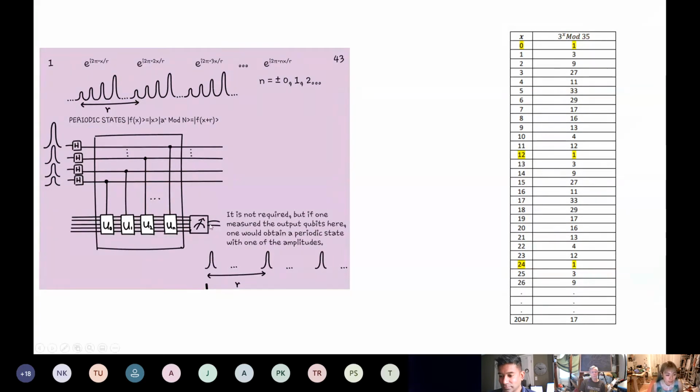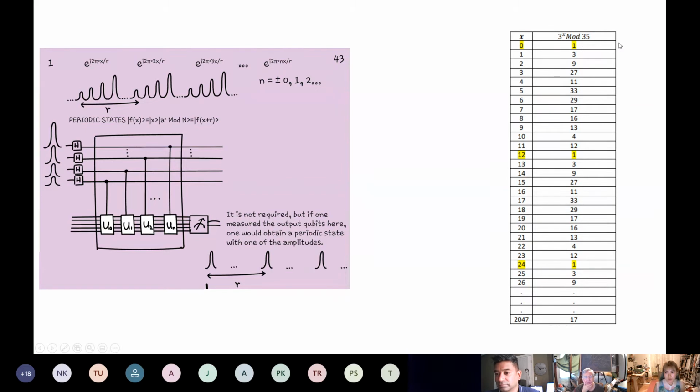If you then measure these output qubits, you don't have to do this, but if you do, then it would pick out one of the possible outcomes. You could get a 1.